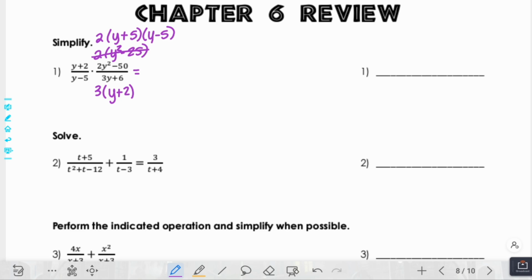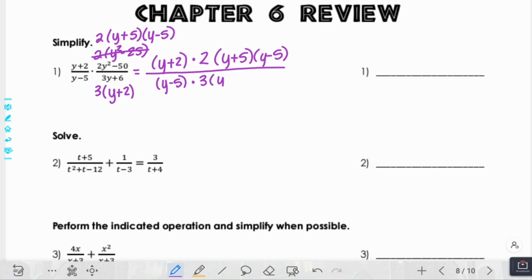So as I rewrite this, I have y plus 2 in my numerator times 2 times y plus 5 times y minus 5. All of that is over my denominator, which is y minus 5 times 3 times y plus 2.